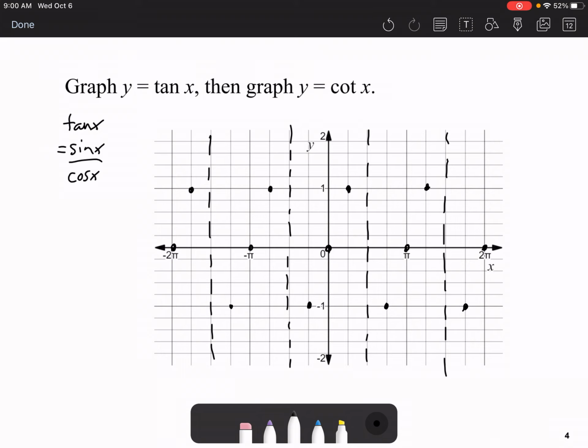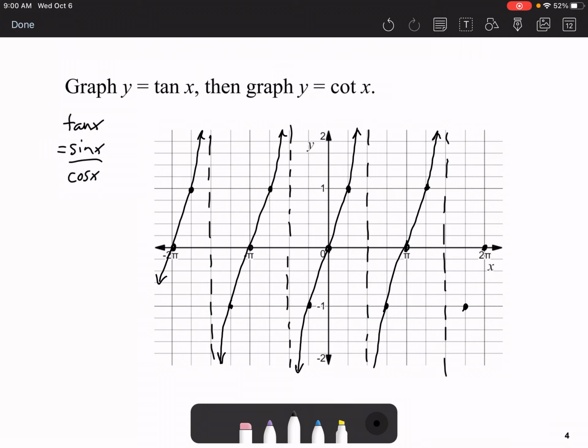So again, we've got to go through these points and get close to these vertical asymptotes. This function you may not have seen before. This is the function y equals tan of x.